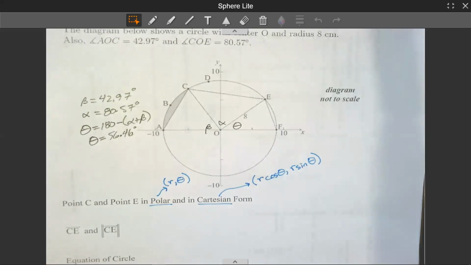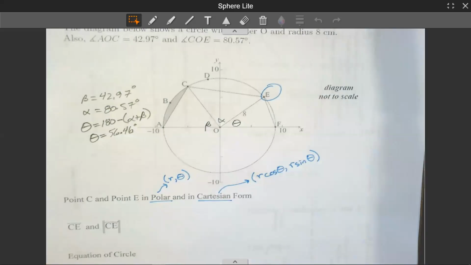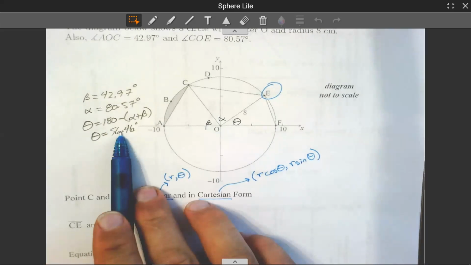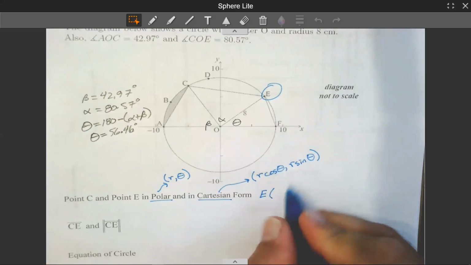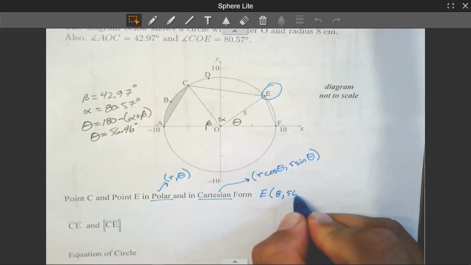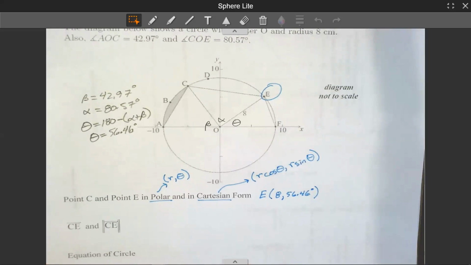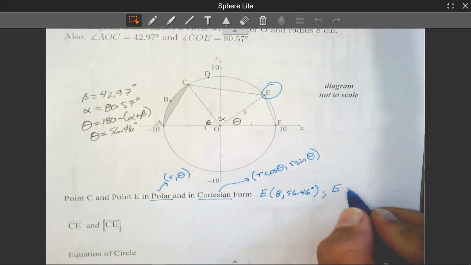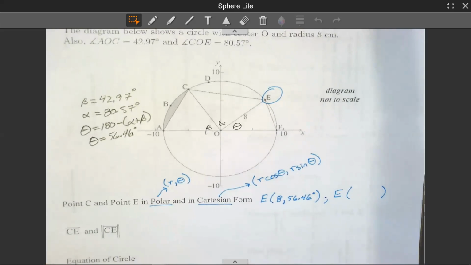Okay. So just going from right to left over here, let's look at point E. Well, point E, theta, we know what theta is. That's 56.46 degrees. So that means point E in polar form would be 8, 56.4 degrees. Pretty straightforward, okay? In Cartesian form, we would need to use our calculator.